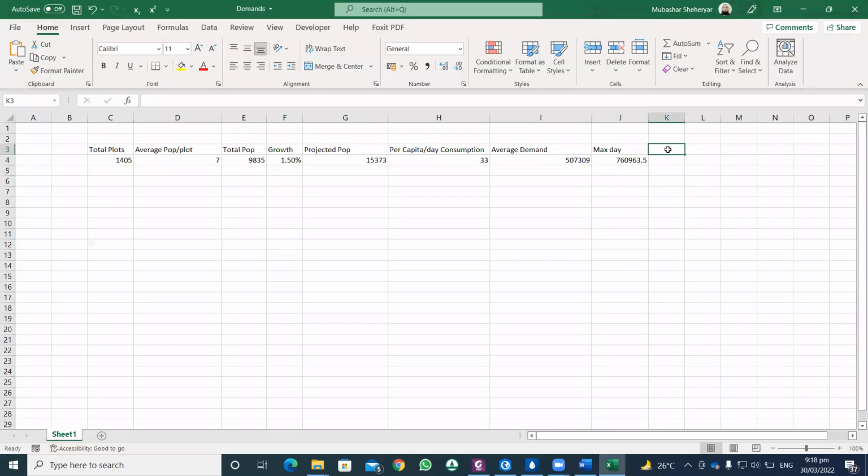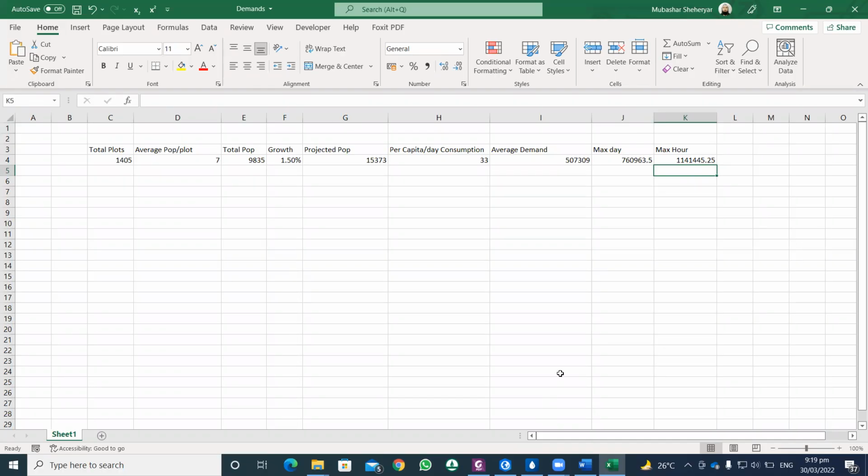So the maximum hour demand will be equal to 1.5 multiplying this value. This is the maximum hour demand. Based on this value, we will be designing the water supply network.